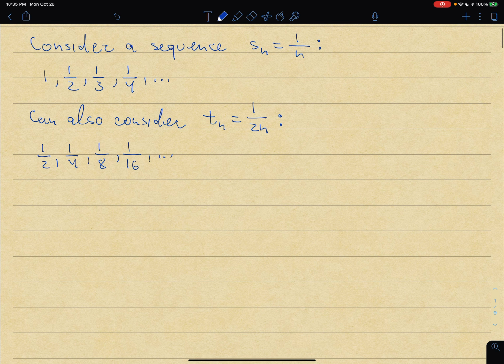And in addition, we can also consider a sequence. Let's call this one Pn, and this maybe is 1 over 3n plus 1.